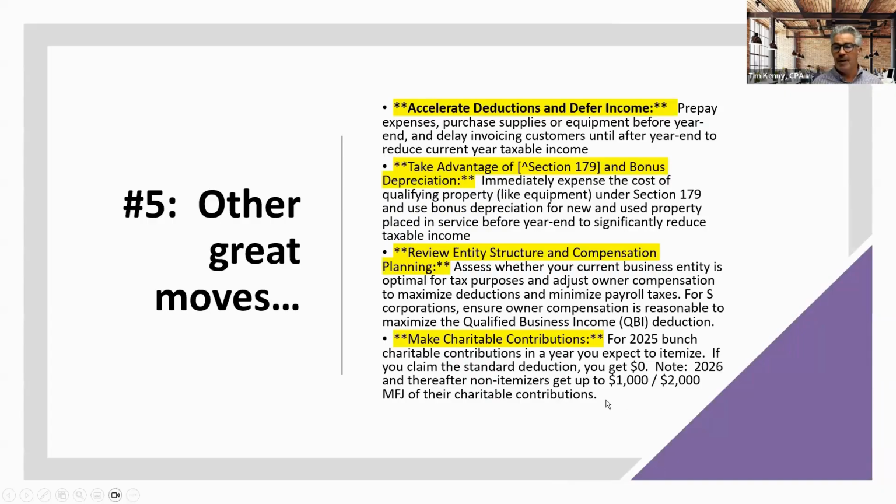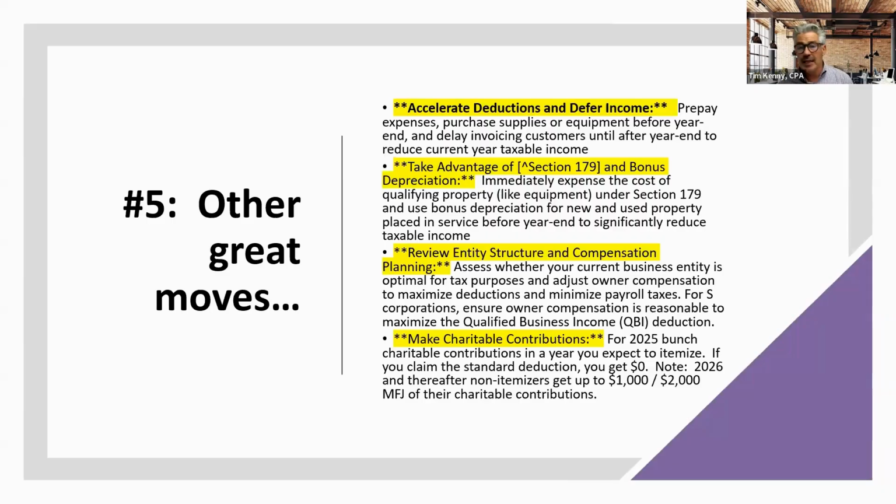And then finally, charitable contributions. This is something that's relevant for 2025. If you're going to be itemizing, you may want to accelerate some of your 2026 contributions into 2025, especially if you anticipate using the standard deduction in 2026, and get the full benefit of that.